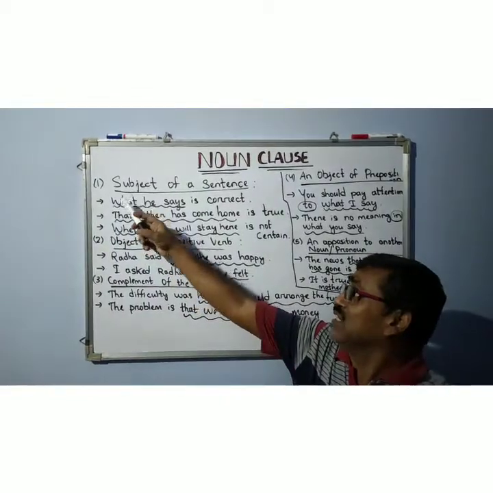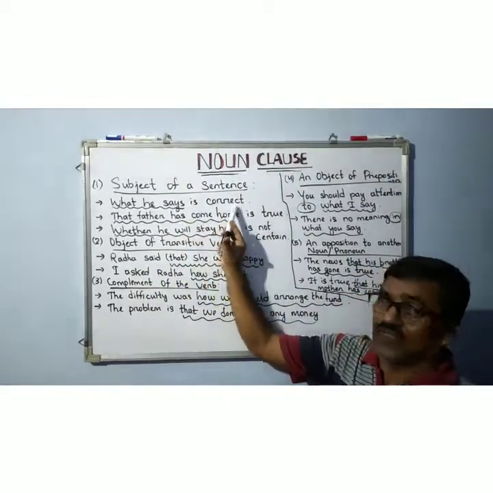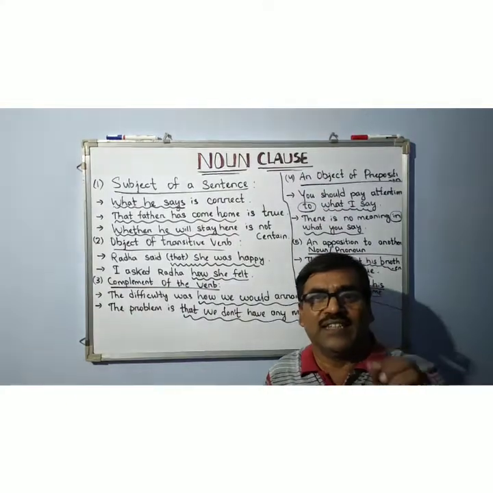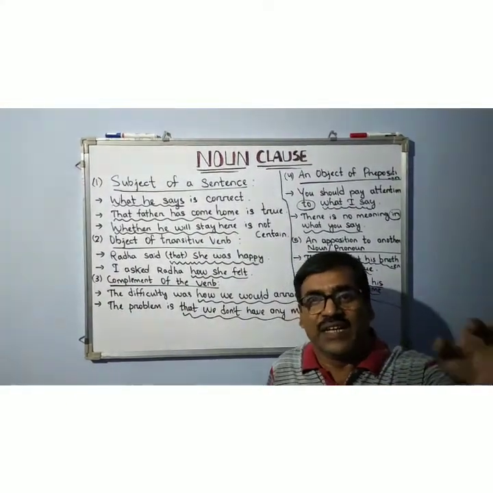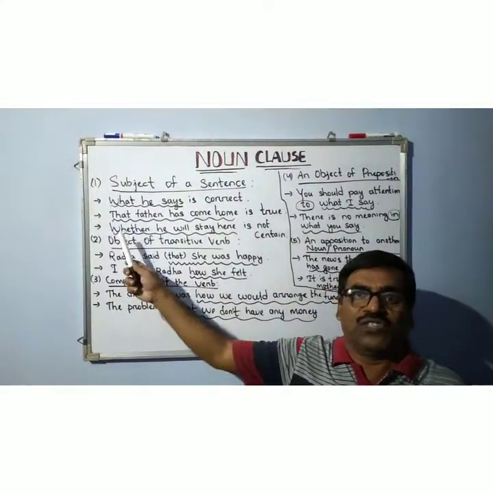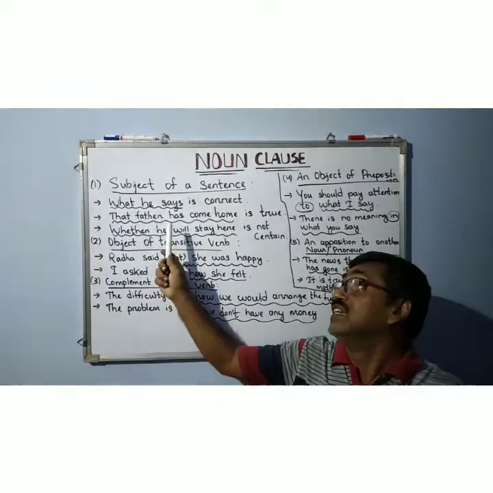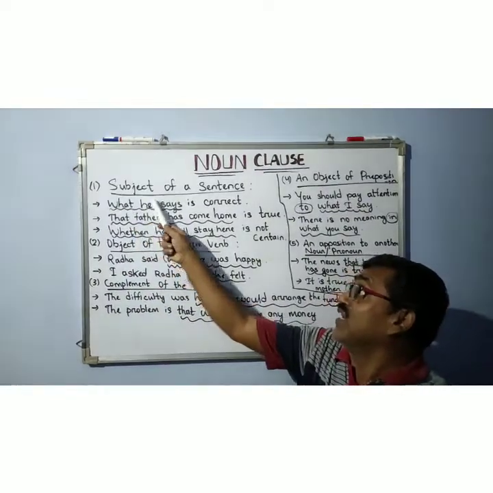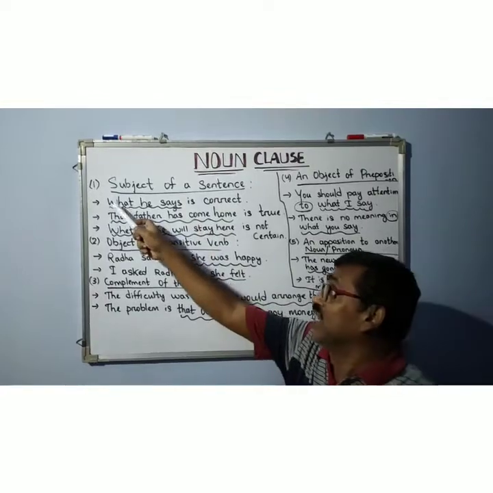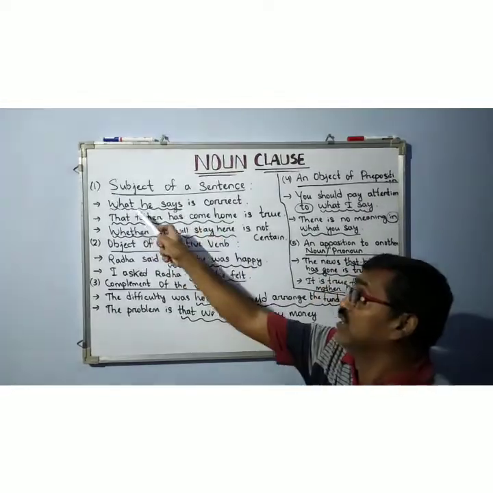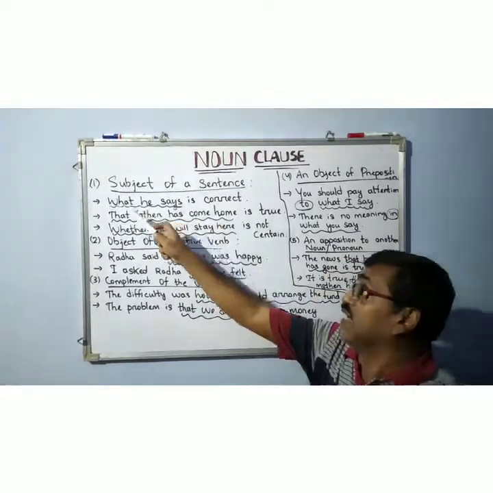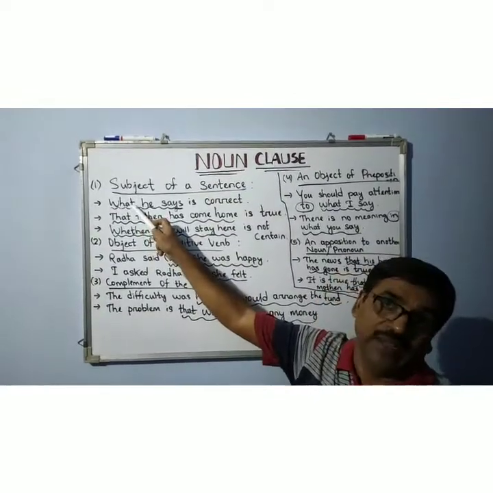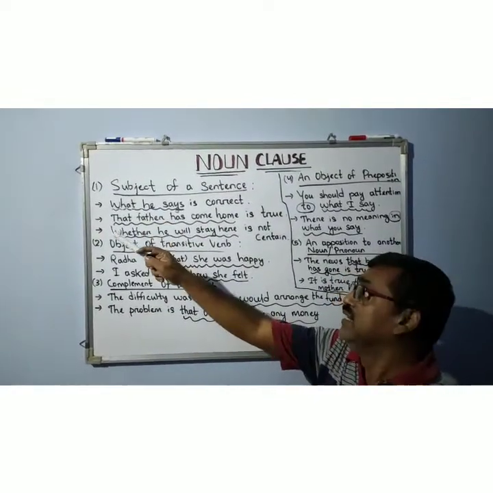Now you see, what he says is correct. As you know, a sentence starts with a subject, so a noun clause can start as a subject. What he says is correct. Here the underlined clause is called the noun clause, and it acts as a subject.